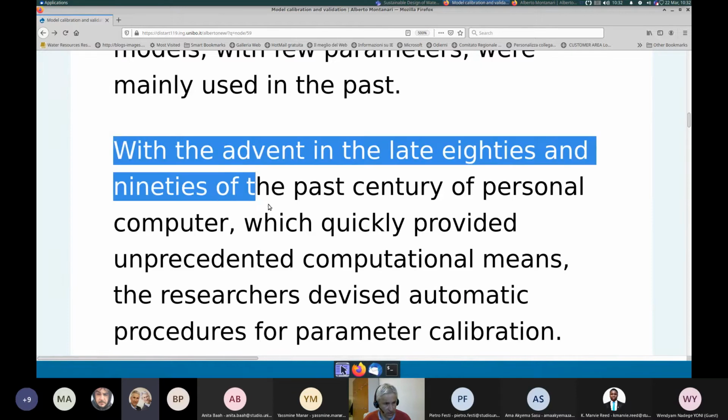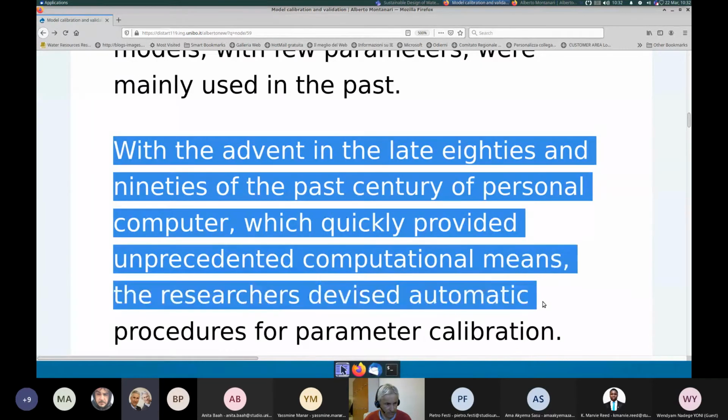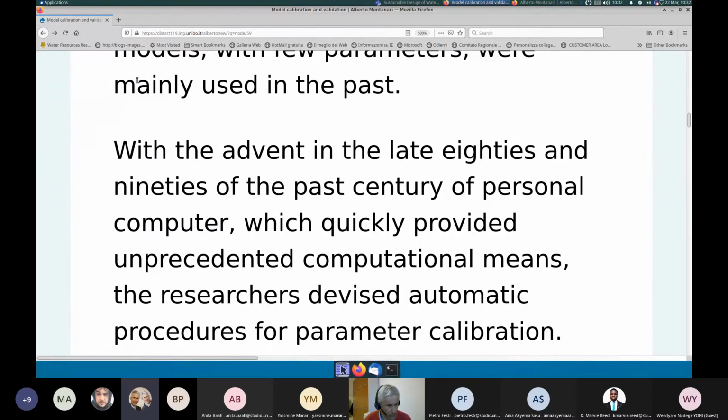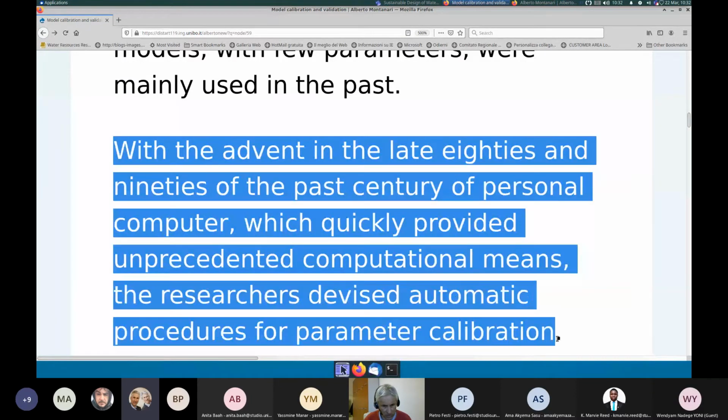Let me emphasize this sentence, which says that with the advent in the late 80s and 90s of the past century of personal computers, which quickly provided unprecedented computational means, the researchers devised automatic procedures for parameter calibration.